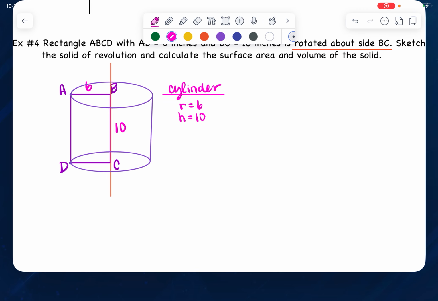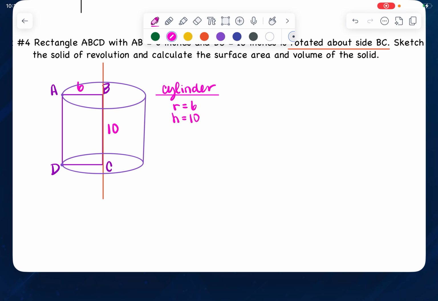And there we go. Now we're right back to day one, because it wants us to calculate the surface area and the volume of the solid that was created by rotating it around the axis. So we're right back to our notes from day one, where we did surface area and volume of a cylinder.